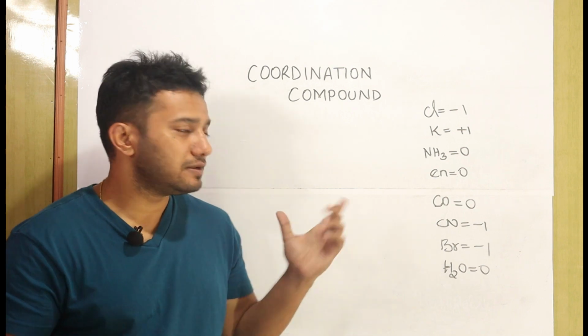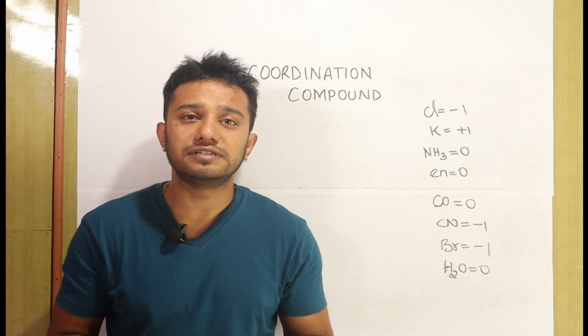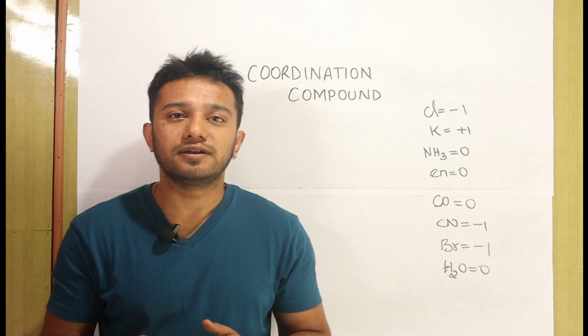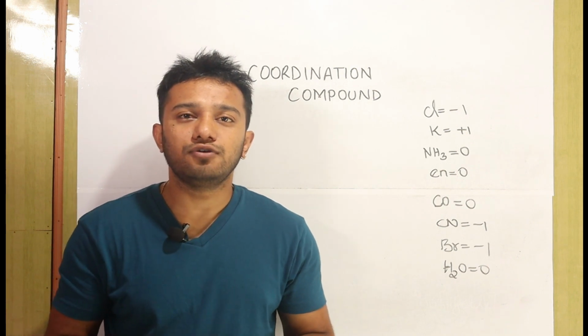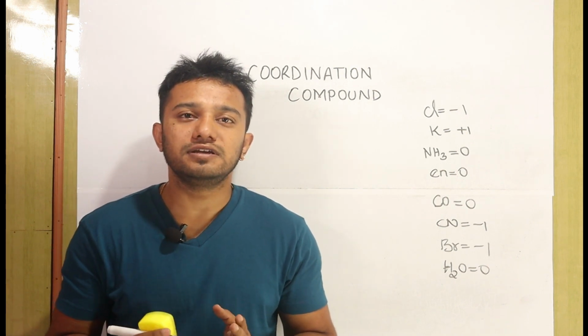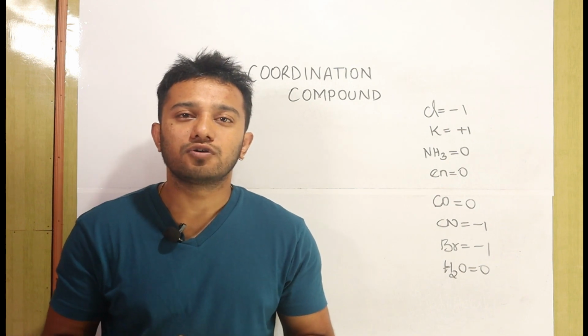And also we have studied how to find the oxidation state of the central metal ion. So in part 2 of the coordination compound, we shall study the IUPAC nomenclature of coordination compounds.